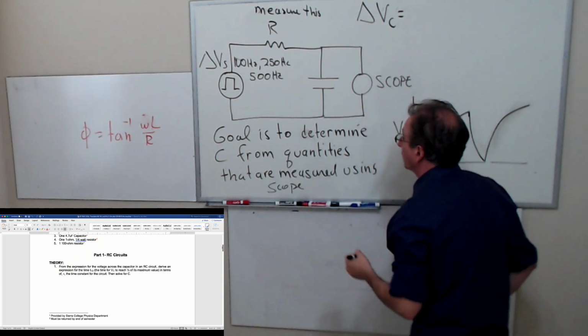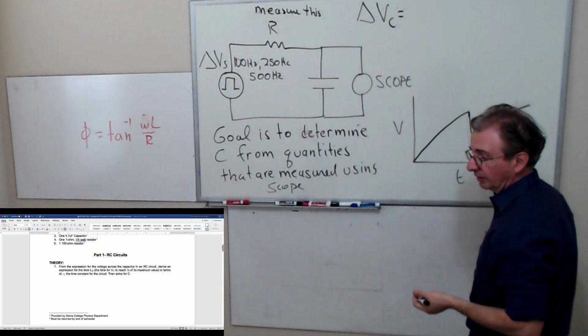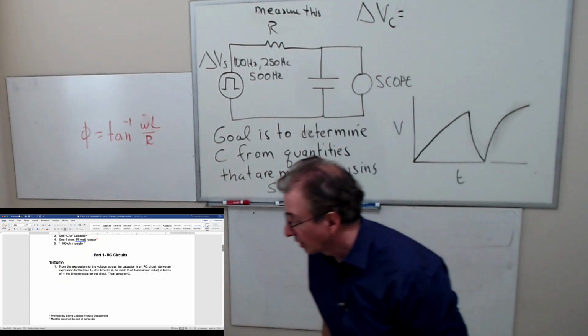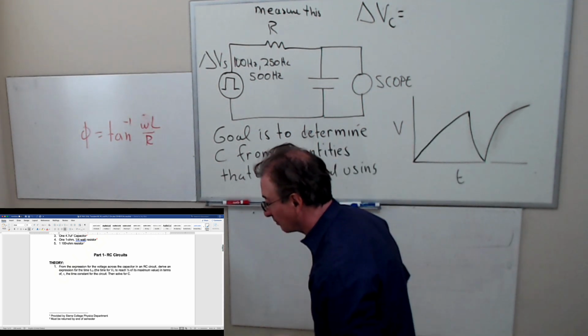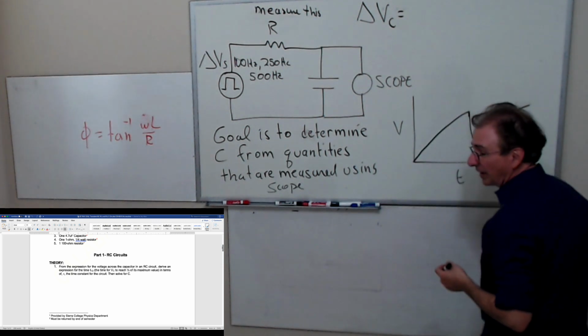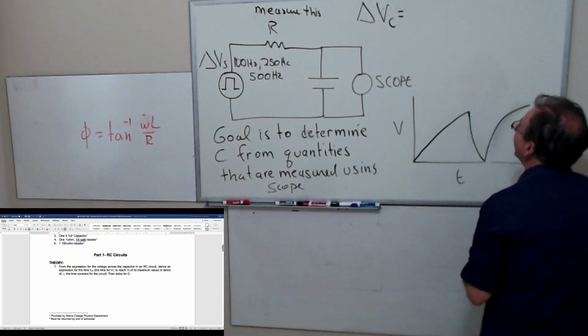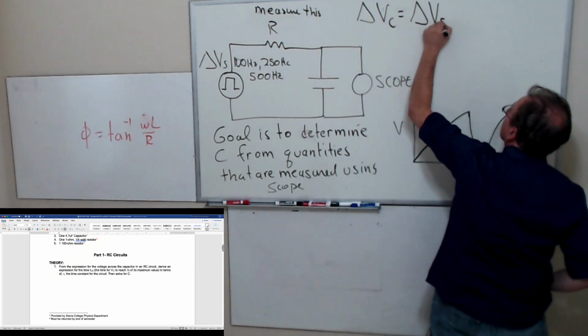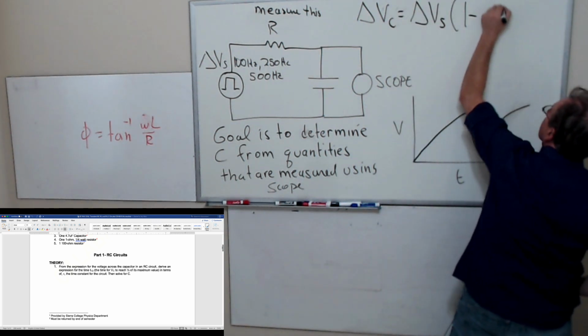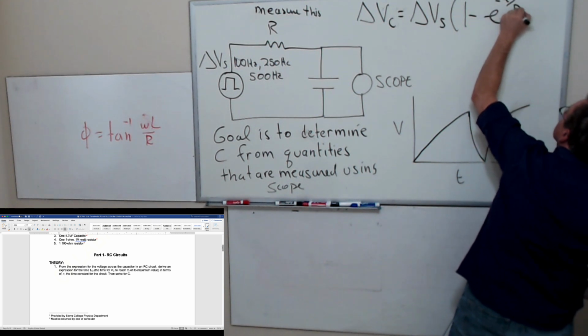You want to use delta V sub B? That's fine. Okay. Sorry, Marty, my capacitor was blue. It's going to be delta V sub S times 1 minus e to the minus t over RC.